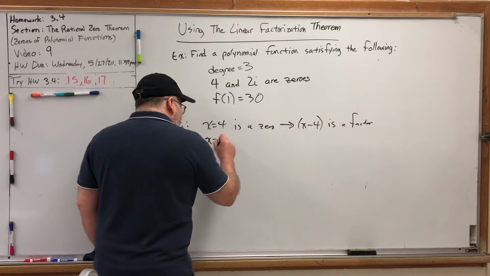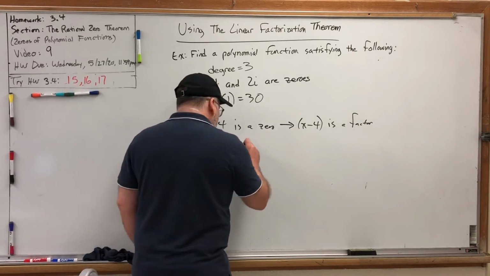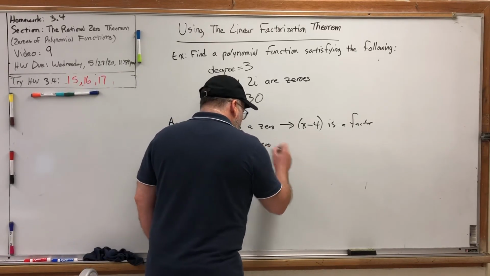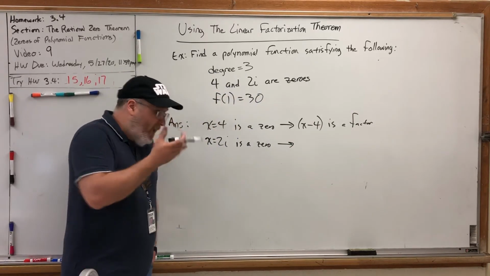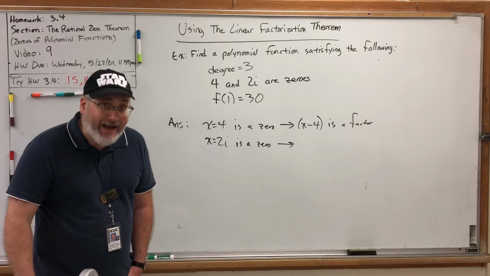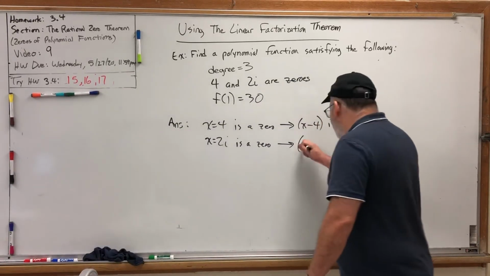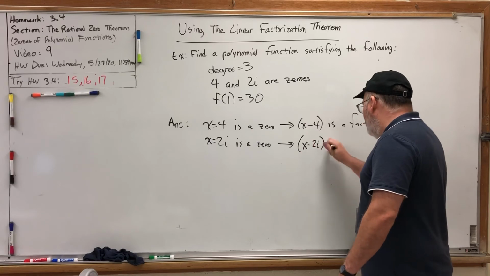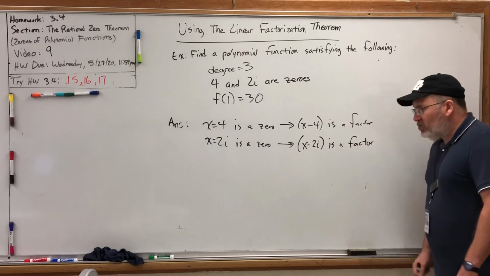Now, x equals 2i as a 0 actually implies two things. As a consequence of the linear factorization theorem, honestly, it's just the factor theorem, every zero comes from a factor. Then x minus 2i is a factor, which is a weird-looking factor, but it is correct.